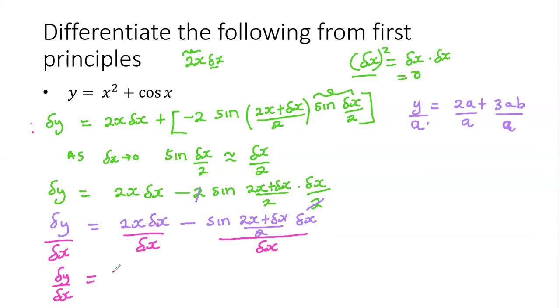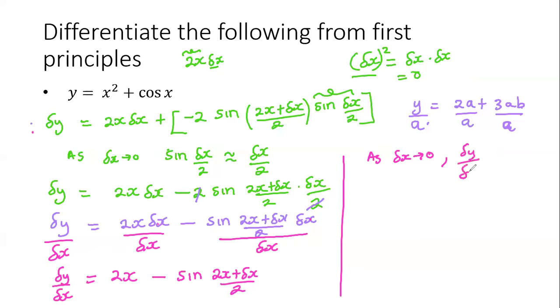2x, since the two delta x's reduce, minus, and this one and this one reduce, so you remain with minus sine of 2x plus delta x out of 2. And then from here, you just say, for my limits as delta x tends to 0, delta y over delta x will also tend to dy dx.